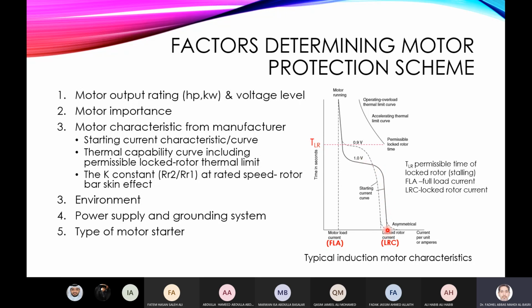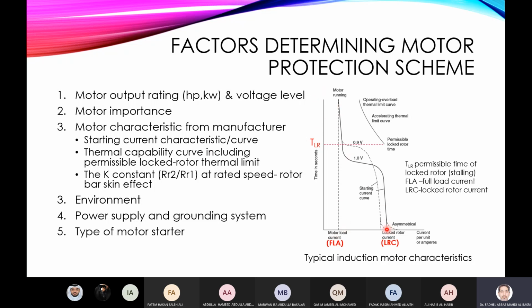It will draw this high current, and the current will reduce gradually until it reaches the steady state, the full load current. This is called the full load amp, or motor full load current.